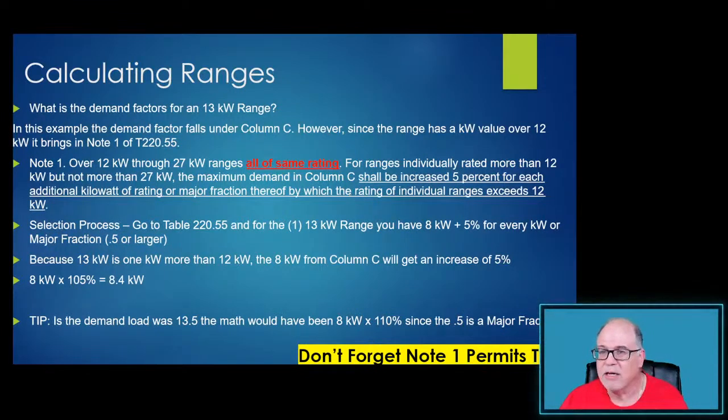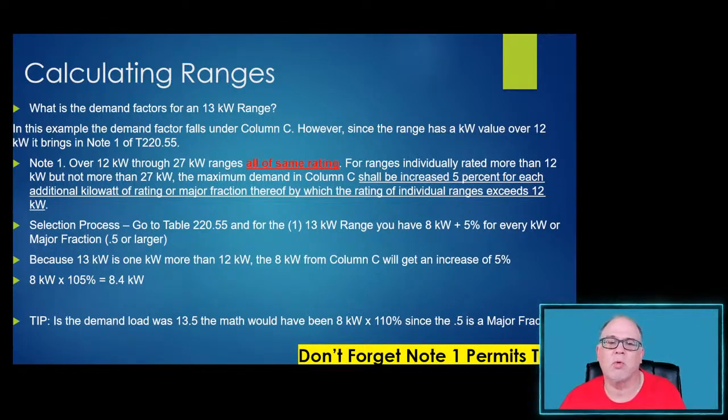It says shall be increased 5% for each additional kilowatt of rating or major fraction thereof by which the rating of individual ranges exceeds 12 kW. Sounds confusing, doesn't it? It's not. Trust me.